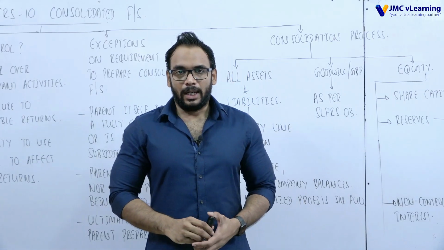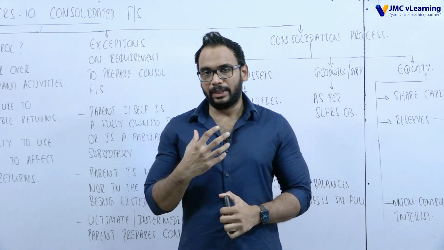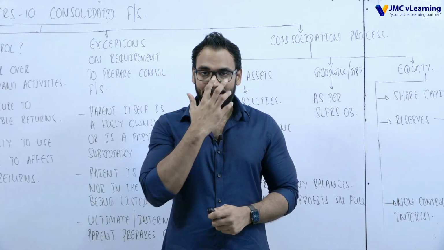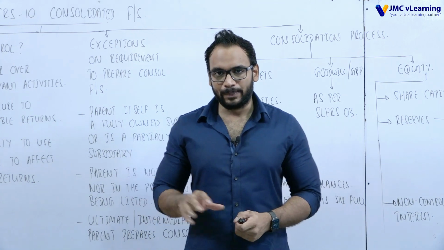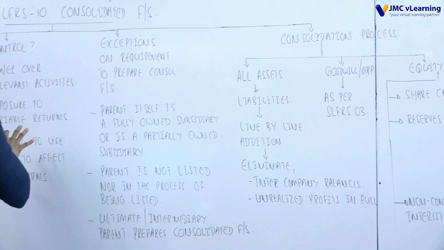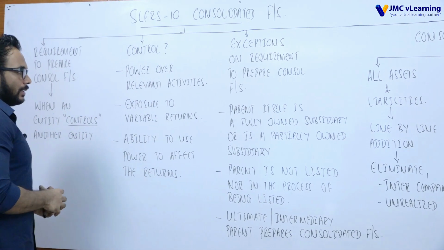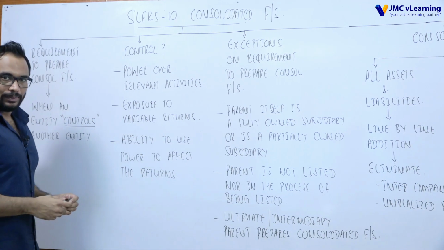All right. So let's start with SLFRS 10, covering the basic requirements of SLFRS 10, and then let's move on to examples on preparing the consolidated statement of financial position. So what I've done here is I've summarized the requirements of SLFRS 10. So let's run through each topic one by one, looking at an explanation of each, and then let's get into consolidated financials.